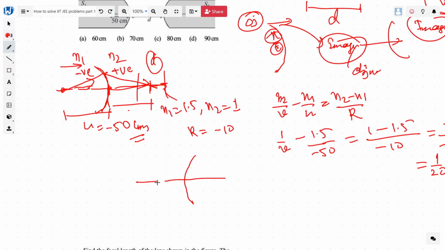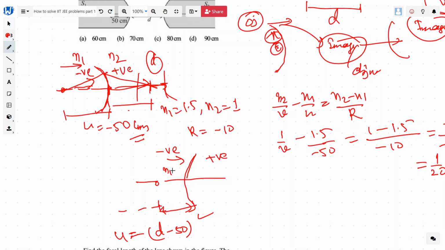Okay, and the object is at a distance in here, right, which in total is d, right? So that's d minus 50. Okay, and u is minus. Okay, here. Now this is the way the ray of light will go. So this side is now positive, this side is now negative.